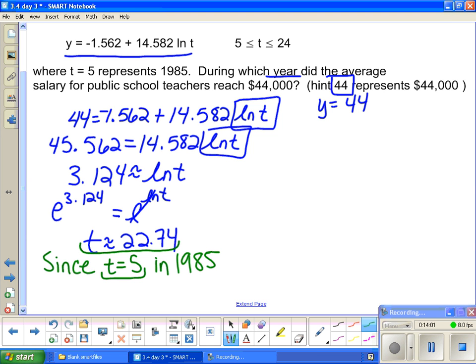So if 1985 was 5 years, then I need to go back and take 5 years off of this t, because I've already used 5 of them. So since it already used 5, it is 17 years.